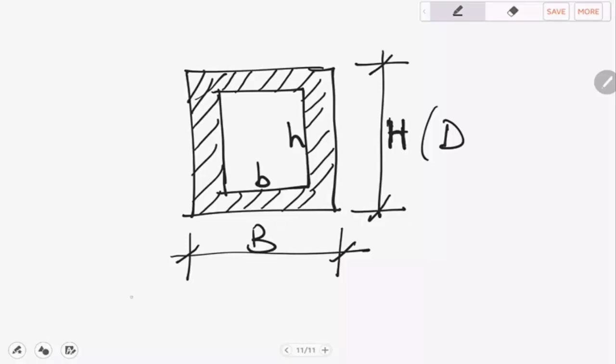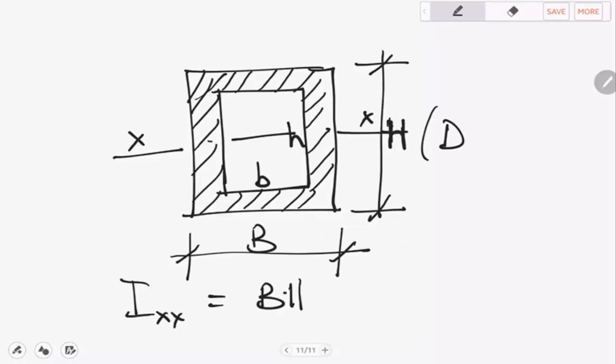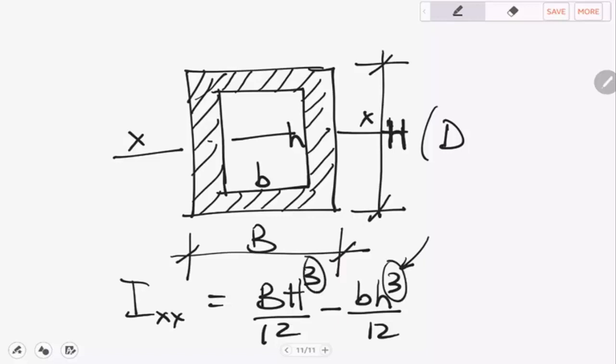So the second moment of area about the x-axis, Ix, will be equal to BH cubed over 12 minus bh cubed over 12. Please don't forget that this is raised to the power 3. It's very easy to square that thing when it's actually raised to the power 3. If you square it, then you're in trouble.